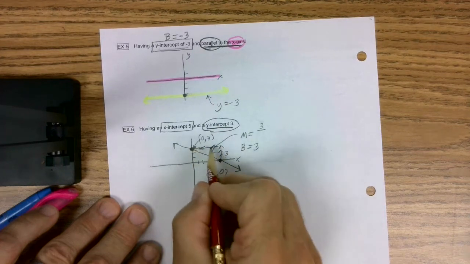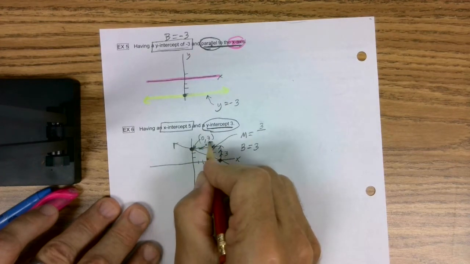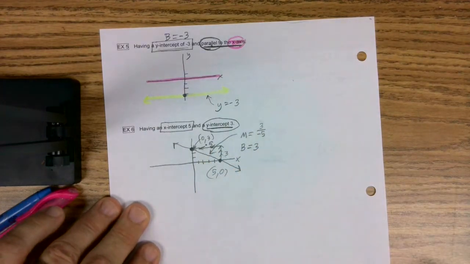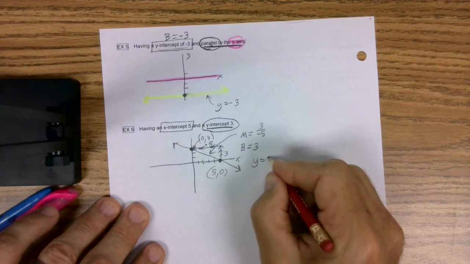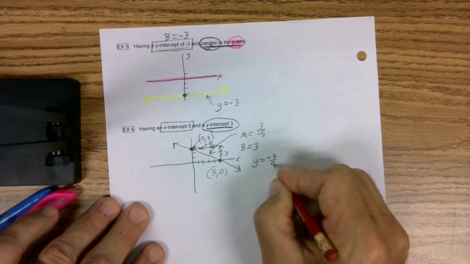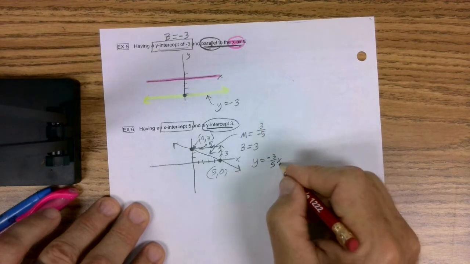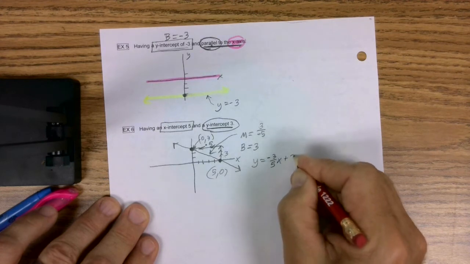Well, that's left. You know what left means? Negative. Well, how far did I go? 5 units to the left. So that goes in the bottom. Guess what? I'm loaded for bear. Y equals -3/5. Why did I bring the negative up? You just do. Typical in math. -3/5 x plus 3.